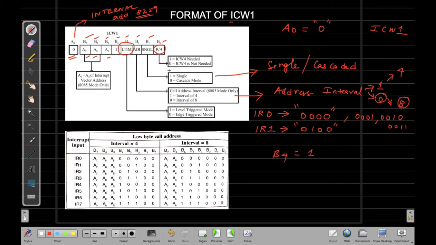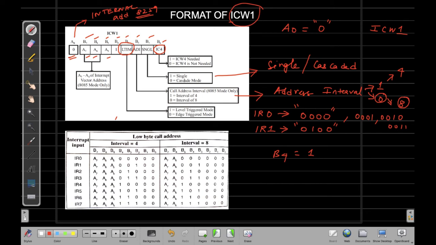What about the remaining bits? You can see a small table here which shows the remaining bits. A5, A6, A7 are set by ICW1 by the programmer. The lower byte call address will have 8 bits. The total size of the call address will be 16 bits: we have the lower byte address and the higher byte call address.